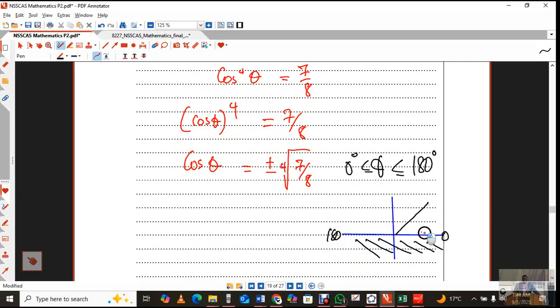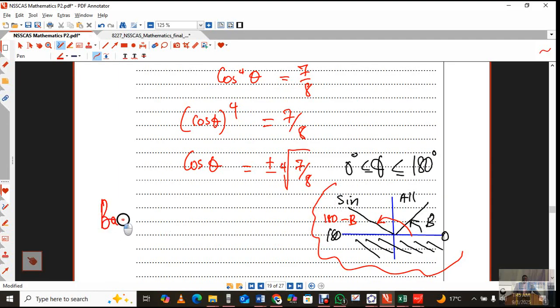So one value, our base angle, let's say B, and the other one over here, all of them are positive. So when we are looking at the positive, here only the sine is positive, so that implies that cosine will be negative here as well. So it will be 180 minus our B. So that is what we are going to do.